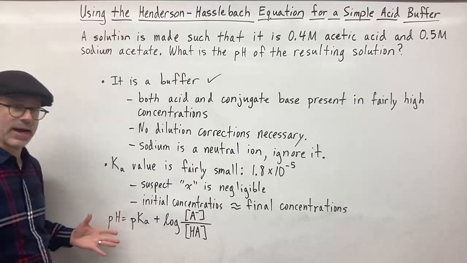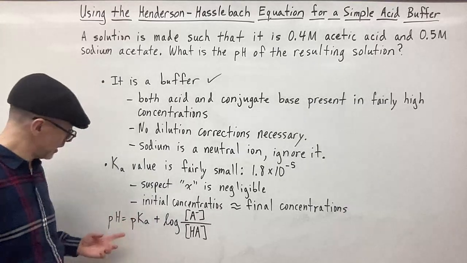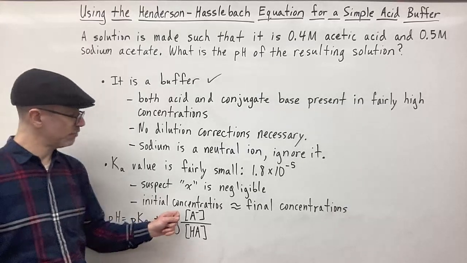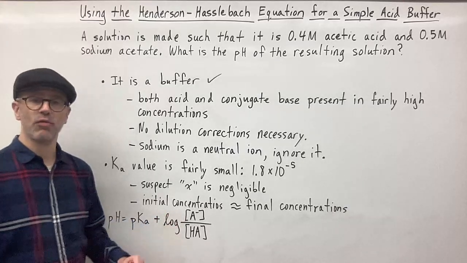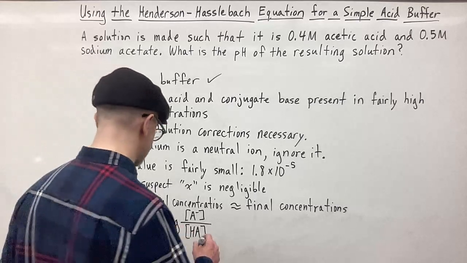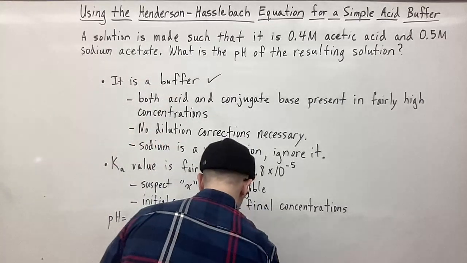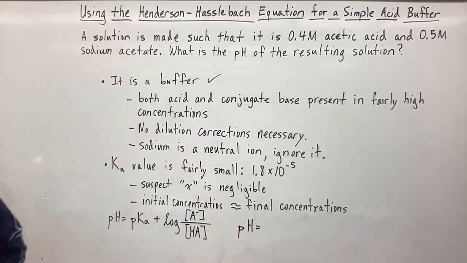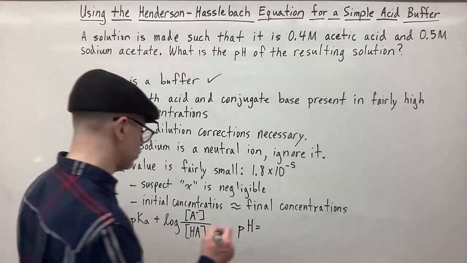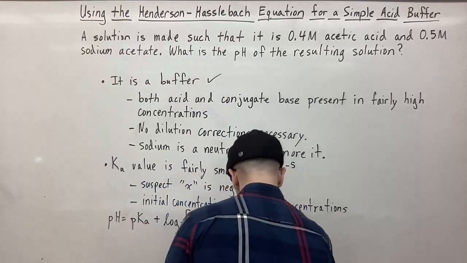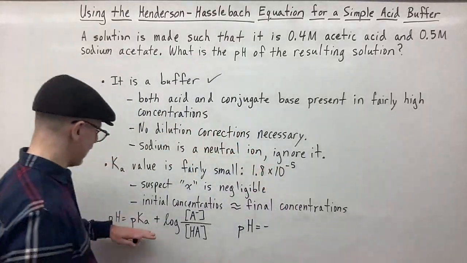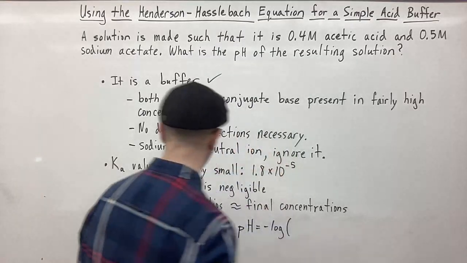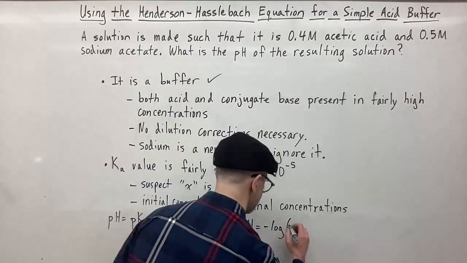As a reminder, the Henderson-Hasselbalch equation is pH equals pKa plus the log of the base over the acid. If we plug everything in, the pKa is the negative log of the Ka, which is 1.8 times 10 to the negative 5.